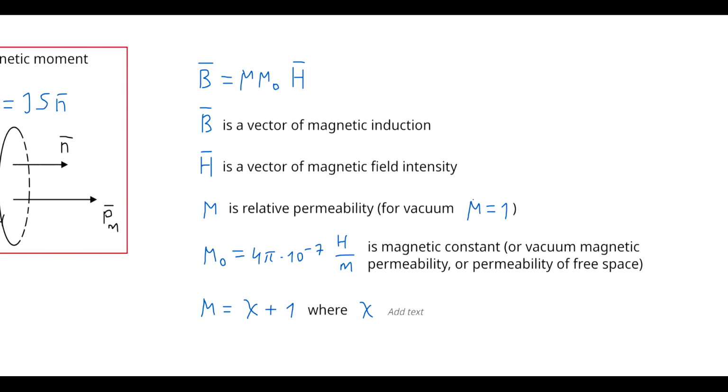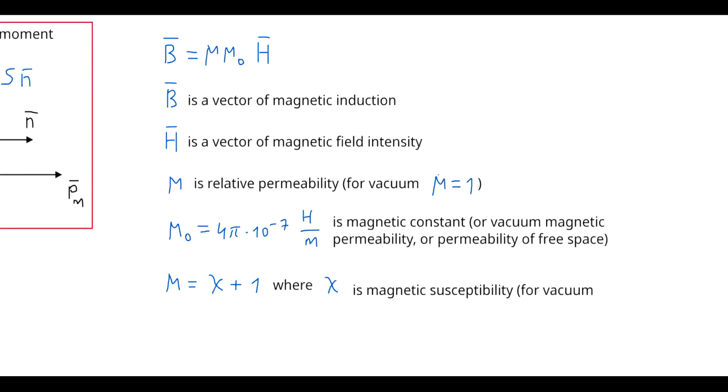And for vacuum this value chi is equal to 0.